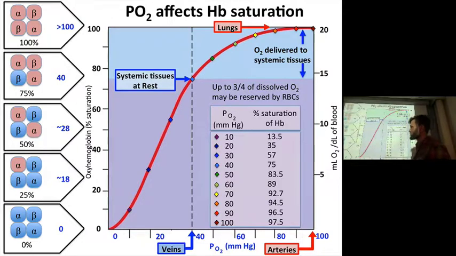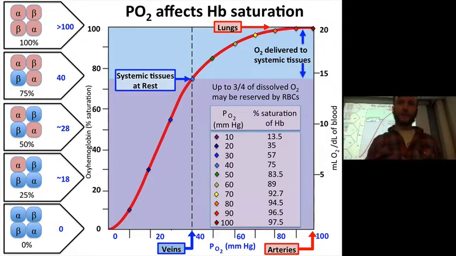Because, of course, hemoglobin itself can only have one of 5 states, right? It can have fully deoxy, 1 out of 4, 2 out of 4, 3, or fully saturated. It only has 5 states. But these saturation curves are looking at ensembles of hemoglobin, all right?